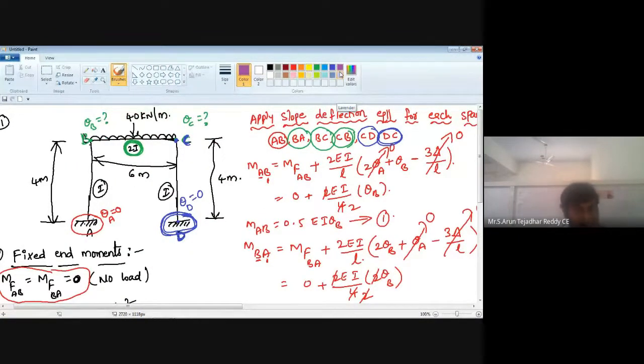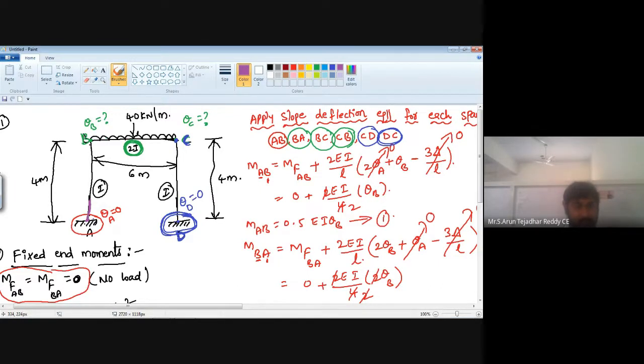See, next is the joint equilibrium equation. So what do you mean by joint? When two or more members meet at a point, that is called a joint. If you take A, it has only one member, A to B, so don't consider A as a joint.